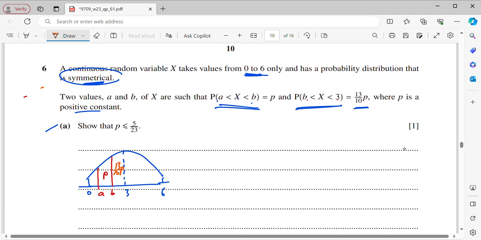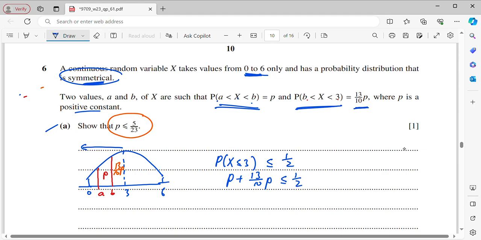Now we need to show that p is less than or equal to 5 over 23. Because we have no idea where a is, I will say that P(x less than or equal to 3) is less than or equal to half. I'm not sure what the value from 0 to a is, but I will say that p plus 13 over 10p is less than or equal to half.